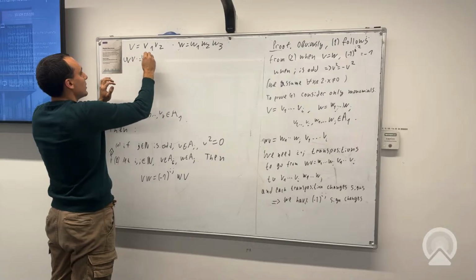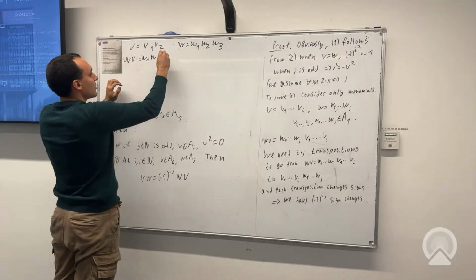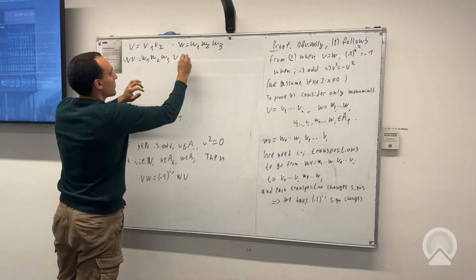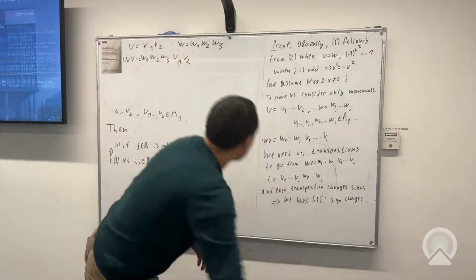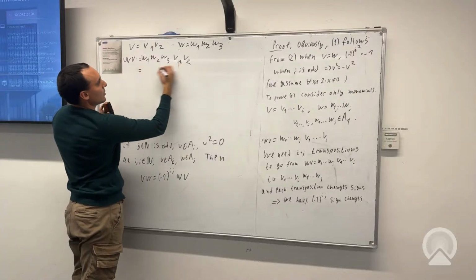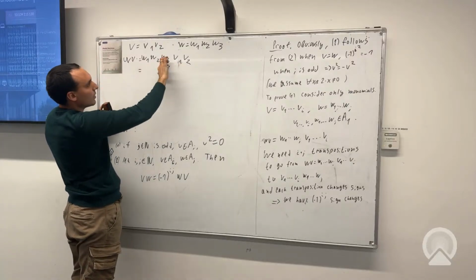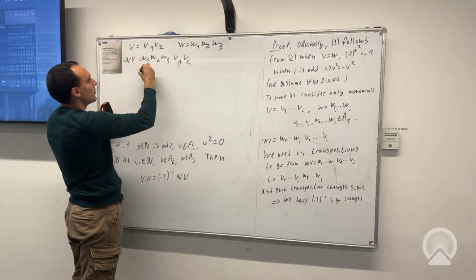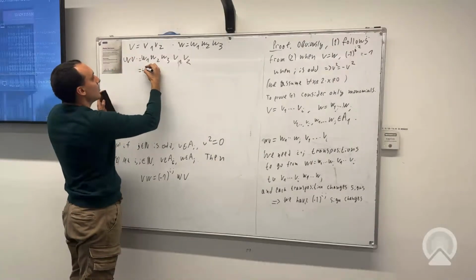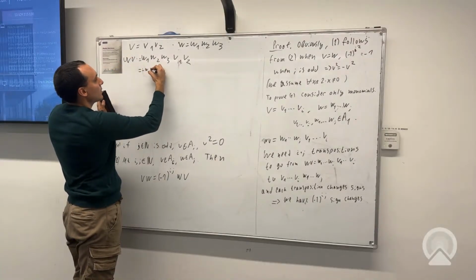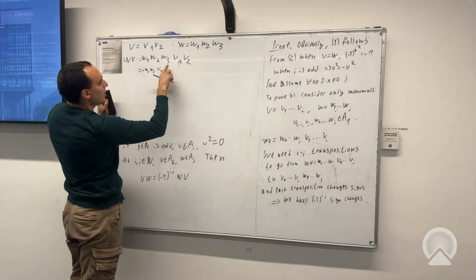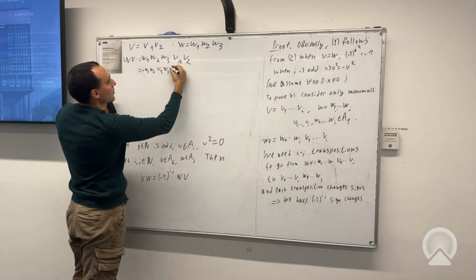This is W1, W2, W3, V1, V2. And now we swap this. So this is minus W1, W2, V1, W3, V2.